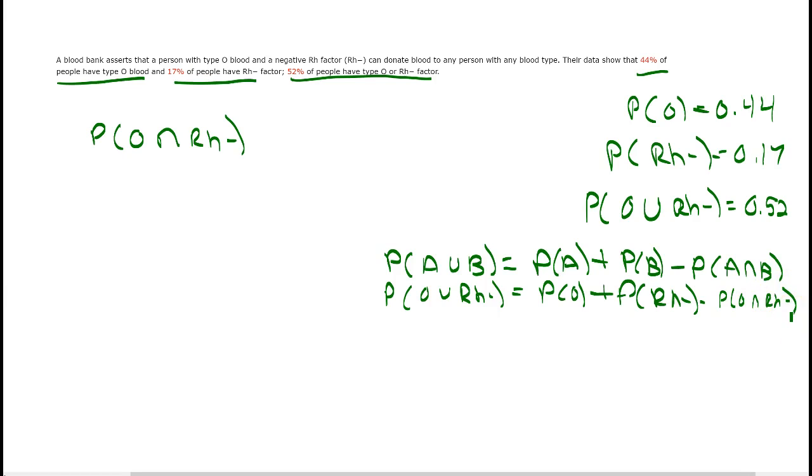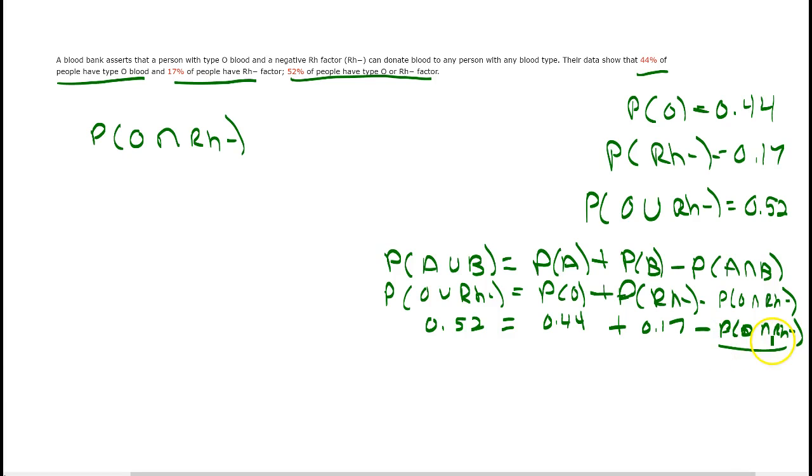And we have everything we need. We know this one. This is 0.52. The probability of O is 0.44. The probability that it's Rh negative is 0.17. And this is actually the one, O and Rh negative, that we're trying to find.